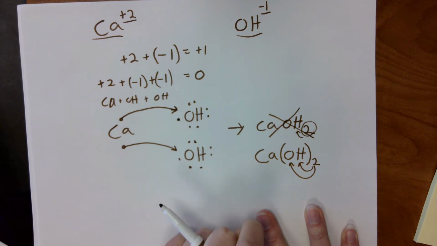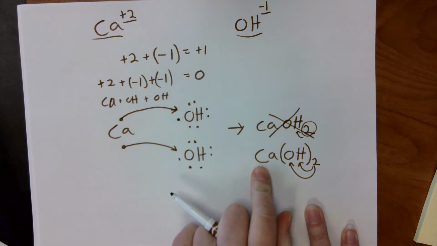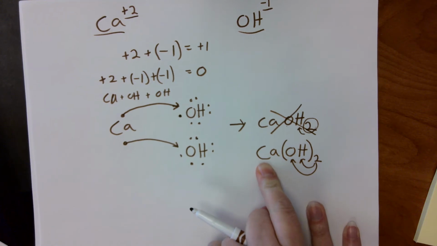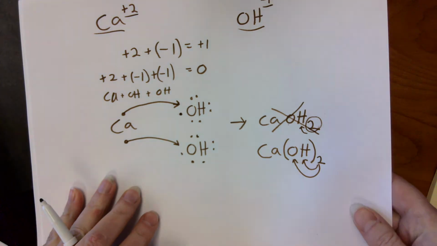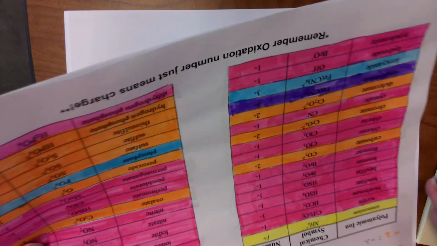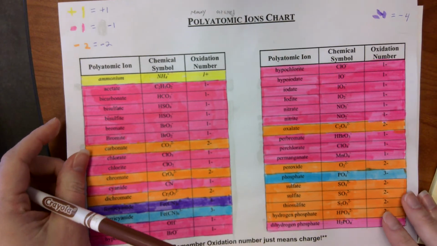Now wait a minute. What if I had something where there was multiple of these and a polyatomic? Let's look at that. Would we do the same thing? So let's take a polyatomic that is at least -2.